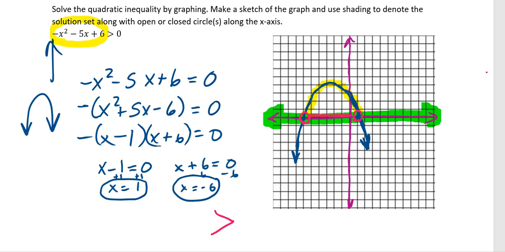And we know it's going to be this interval between them. So our solution would be from -6 to 1, and it would be parentheses because they're open circles. If you were to make this on a number line, just picking up that x-axis, it would look like this.